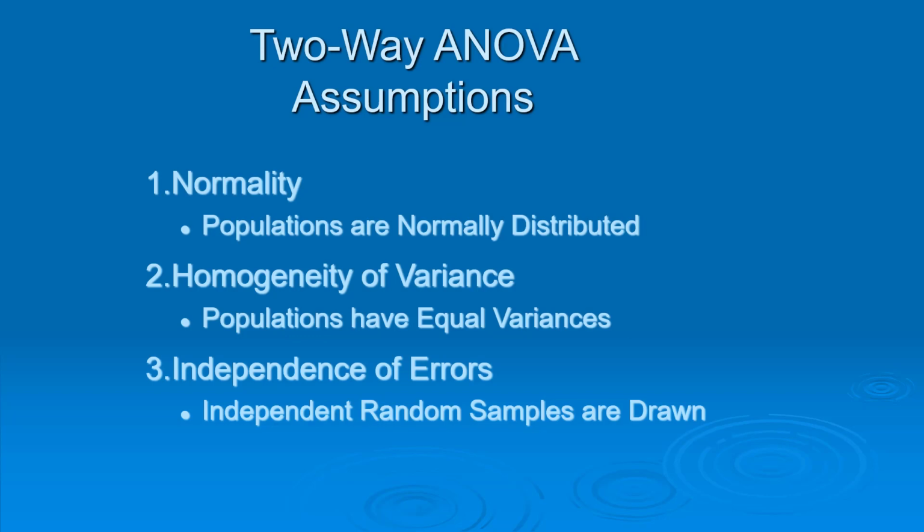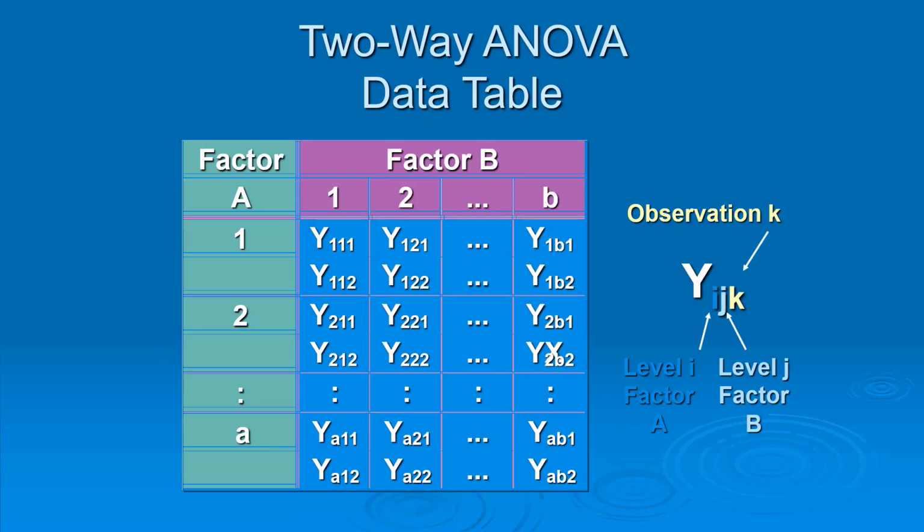Third, the variances need to be homogeneous, or the same. In cases with unequal sample sizes, the largest variance should be no more than twice the size of the smallest variance, so you can proceed.